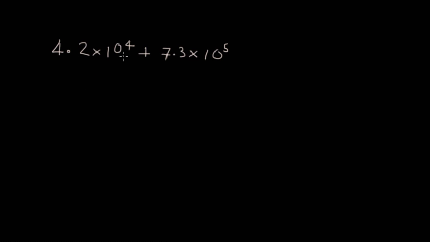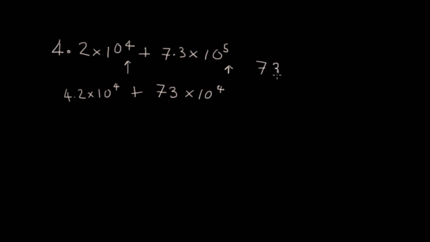Or, let's look here. This is to the power 4, this is to the power 5. If we take this and put it to the power 4, it would be 73 times 10 to the 4. I'll just show you how that would work.